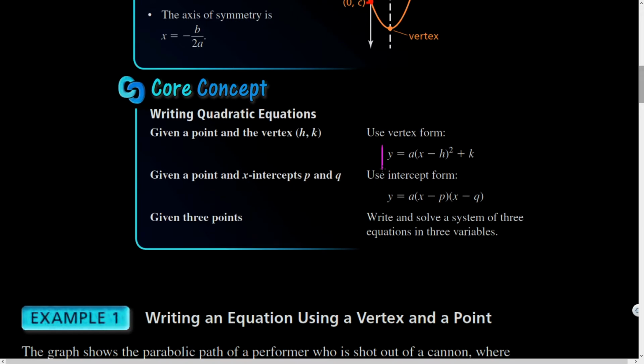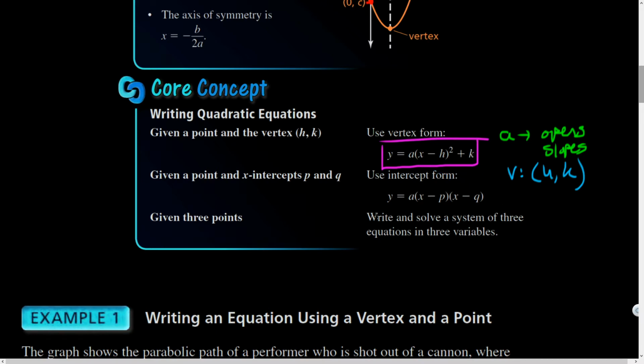But vertex form, that is a great form to work with, because a would help me determine which way it opens, and the slope, right? We knew that, and h and k represented the vertex, right? h, k.